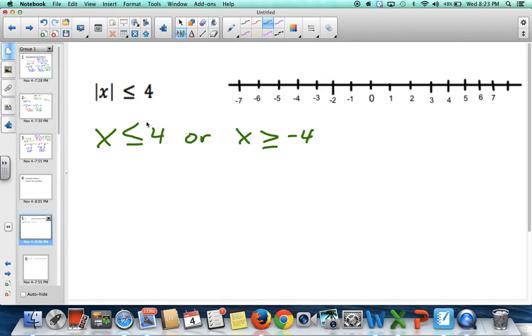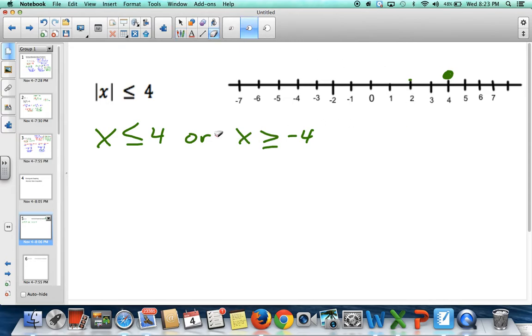So the arrow was to the left, the second one goes to the right, and we change the sign here. So to graph that, I want all the numbers that are less than 4. It's a closed circle because it's less than or equal to. With this line underneath, it becomes closed. If it were open like this, then it would be an open circle, but we don't have that.